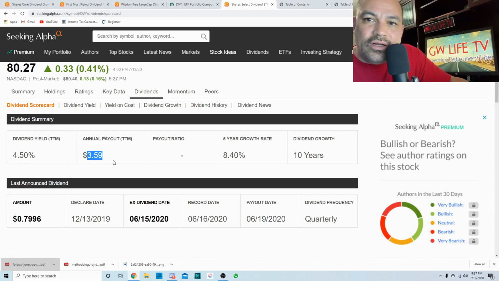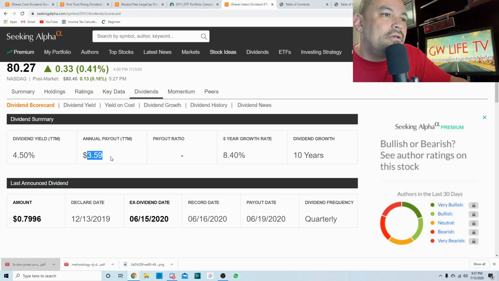So your $1.66 dividend off that $55 you paid in 2008 is now paying you $3.59. That's dividend growth. You didn't have to put in more money to get the higher dividend. It just came, and that's not even reinvesting it.